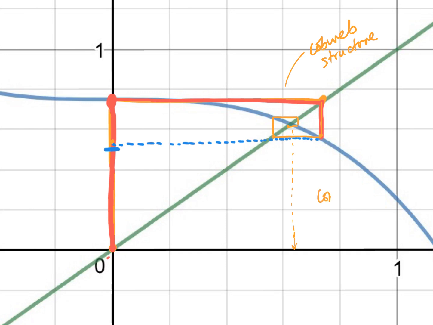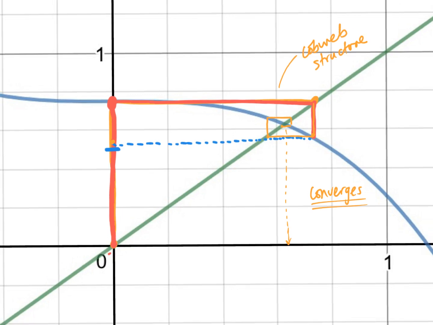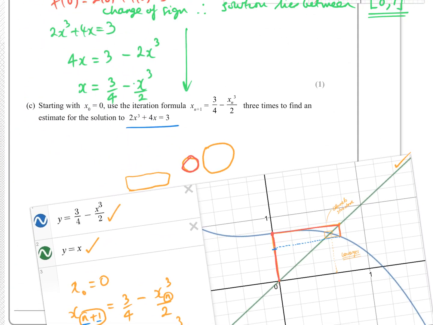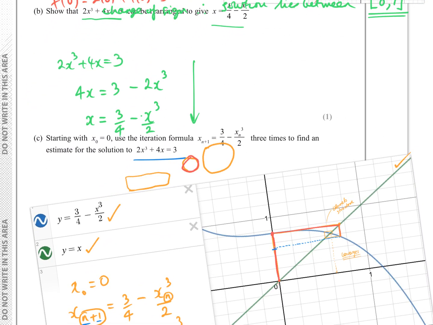And it's a process which converges, okay, as opposed to one which diverges, i.e. is not an appropriate form. That was the whole reason behind part A, rearranging this form into a different form. There are multiple different forms you can have, each will give you a different graph, but you'll always have an x on one of the sides.